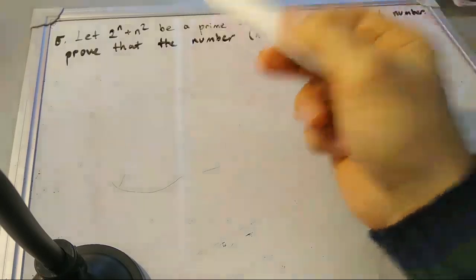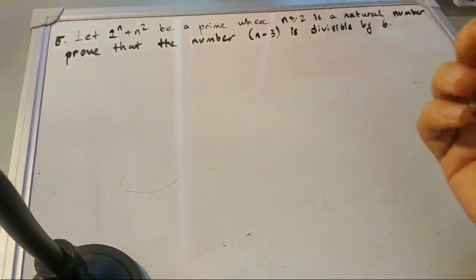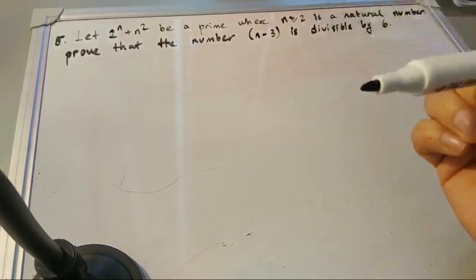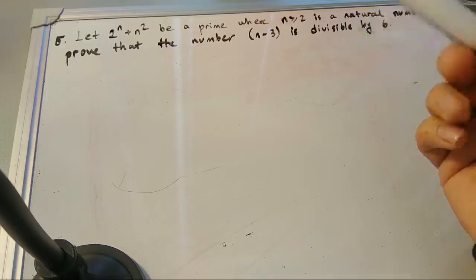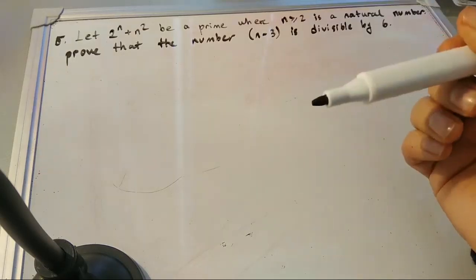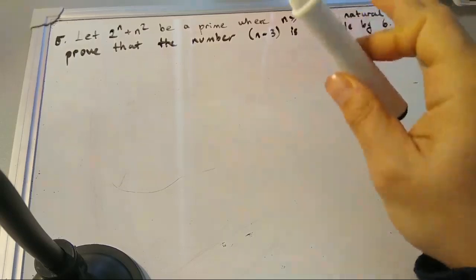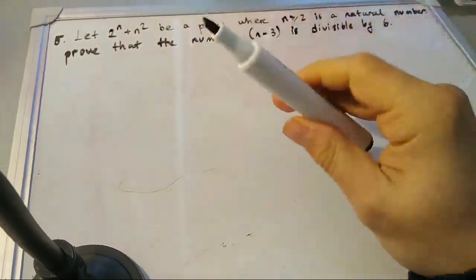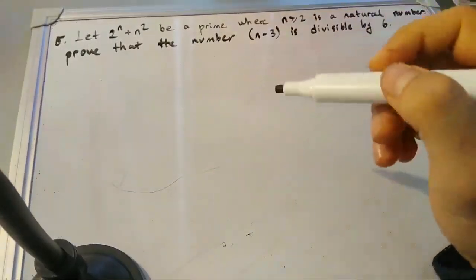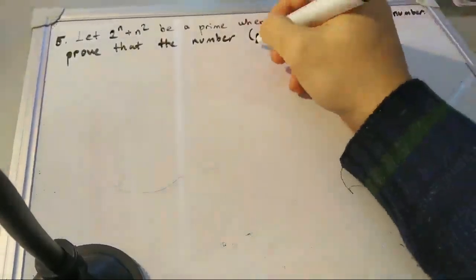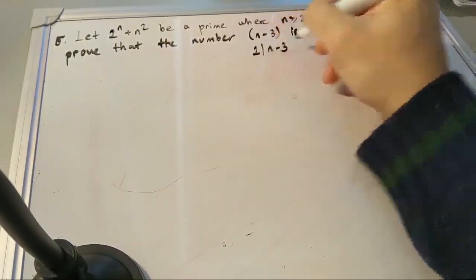So 2 to the power of n plus n squared is a prime number, where n is greater than or equal to 2, and n is a natural number. In this case, we have to prove n minus 3 is divisible by 6.